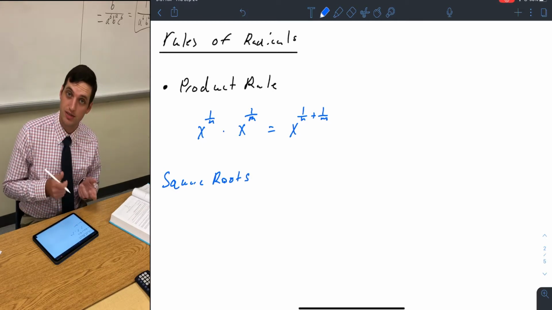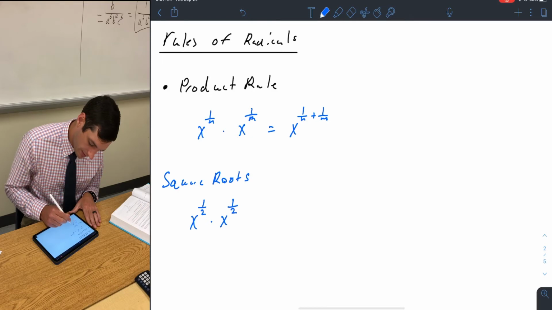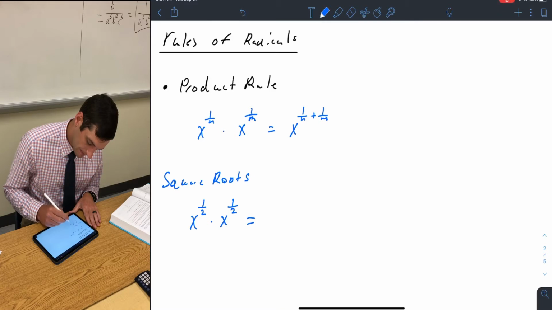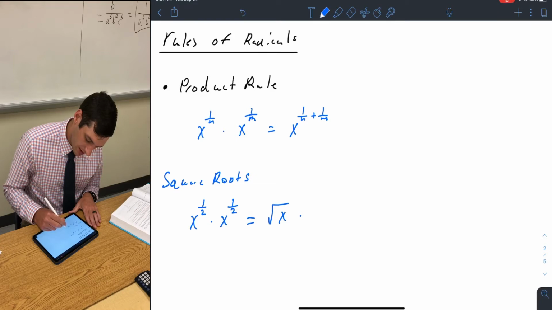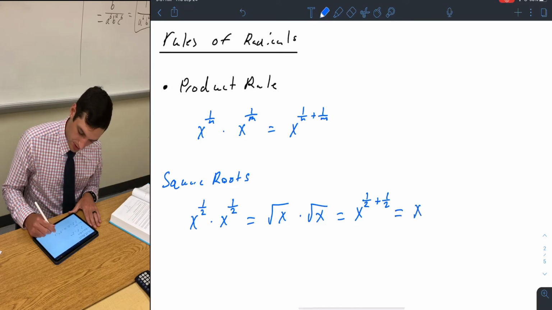Since square roots are the same exponent, let's say x to the 1/2 times x to the 1/2 is equal to the square root of x times the square root of x, which is equal to x to the 1/2 plus 1/2, which is equal to x.